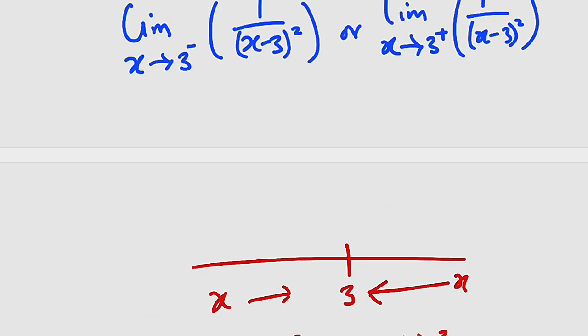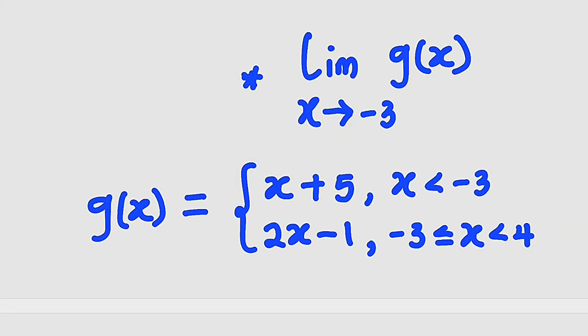Now let us look at the second problem. All right, here is our piecewise function. We would like to evaluate the limit as x approaches negative 3. So let us first of all look at negative 3 on a number line. Suppose we have a number line here and we have negative 3 here. We want to first of all evaluate the limit as x approaches negative 3 from the left hand side.